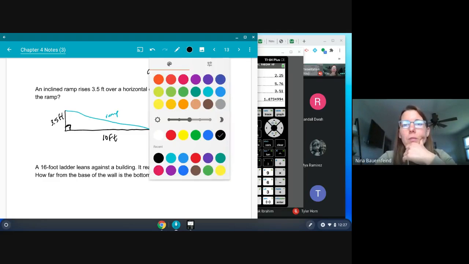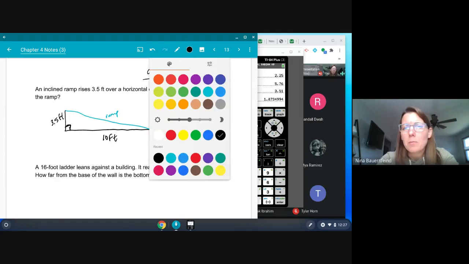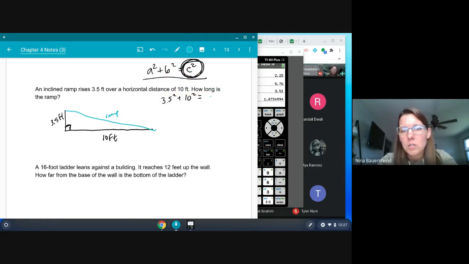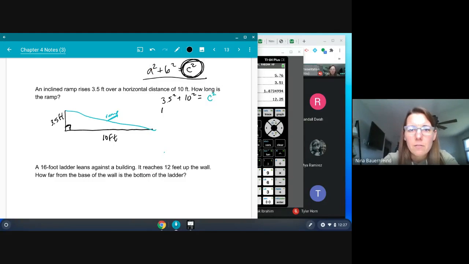So what we're going to do is we're going to set up the Pythagorean theorem like this, but we're going to go 3.5 squared plus 10 squared equals the ramp. You can use whatever you want over there, but I'll use C because that's what we always use. So this ramp is C. Then we calculate: 3.5 squared is 12.25. 10 squared means 10 times 10, which is 100. 100 plus 12.25 is 112.25.